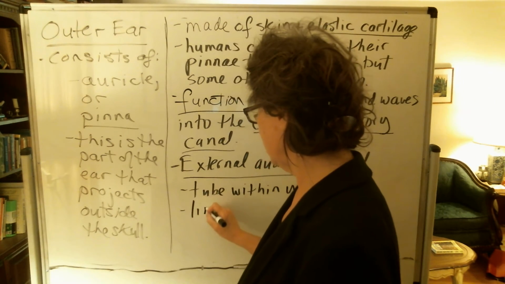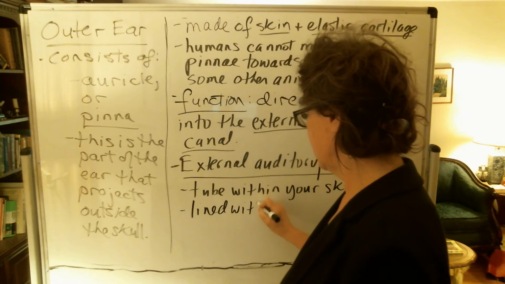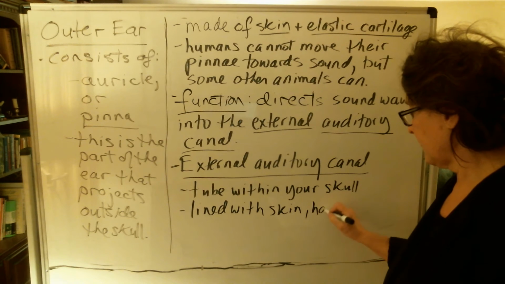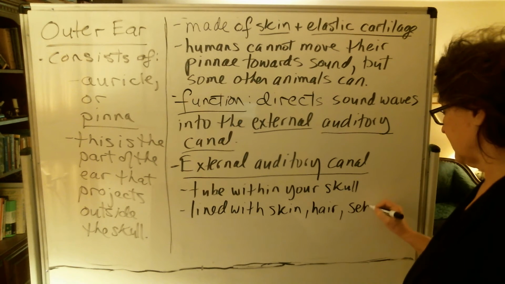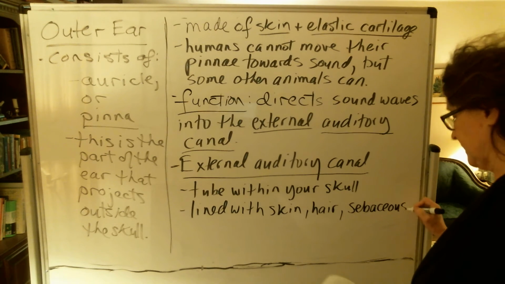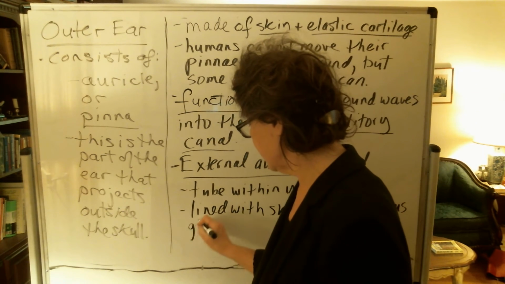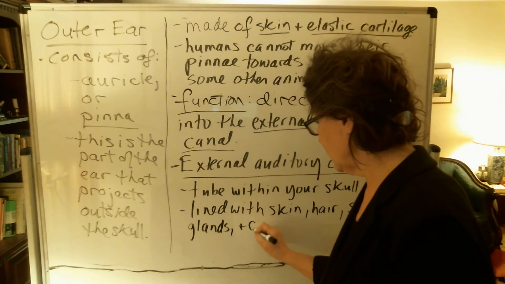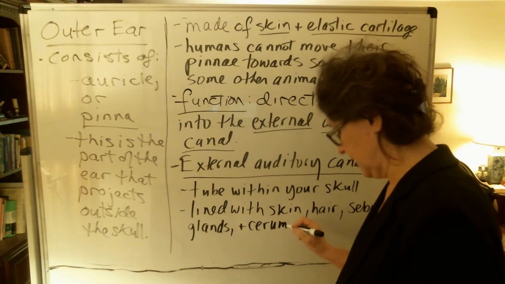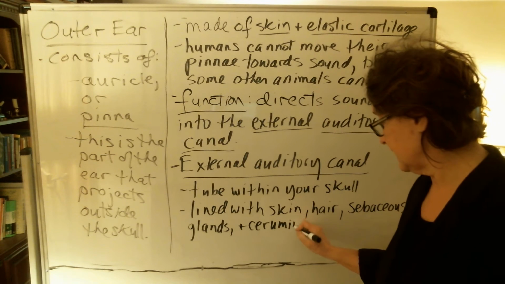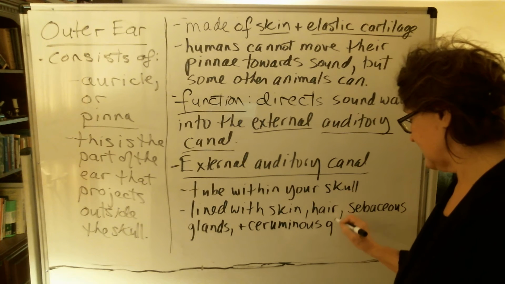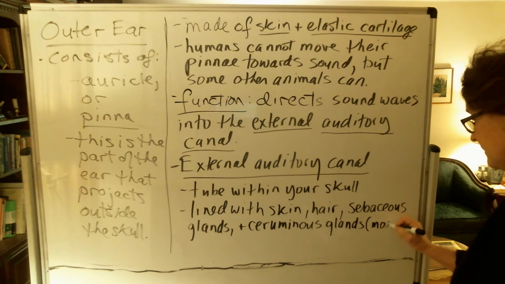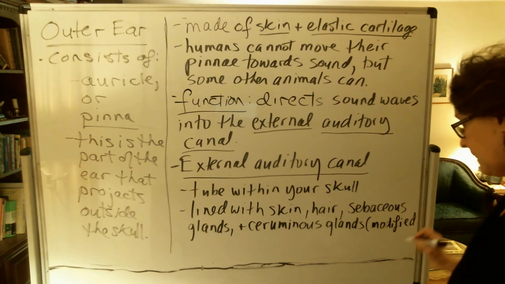So this tube then is lined with skin and hair, sebaceous glands and what are called ceruminous glands, which are modified sweat glands.